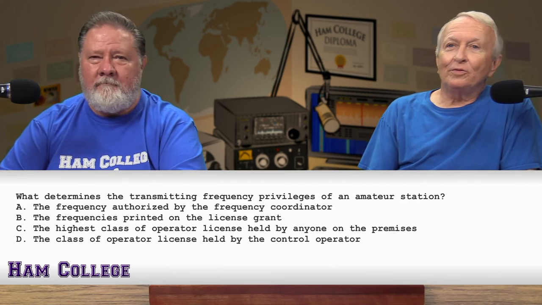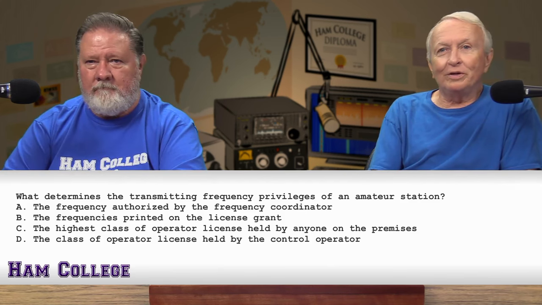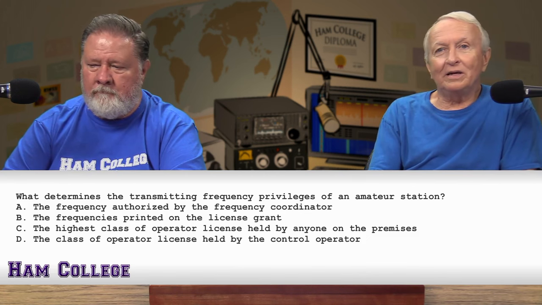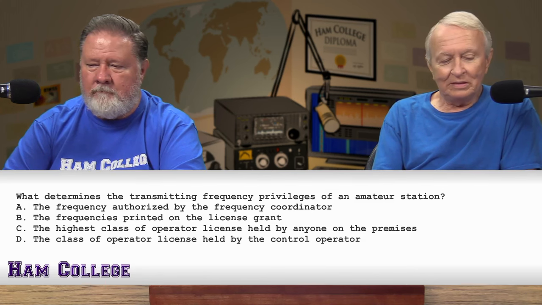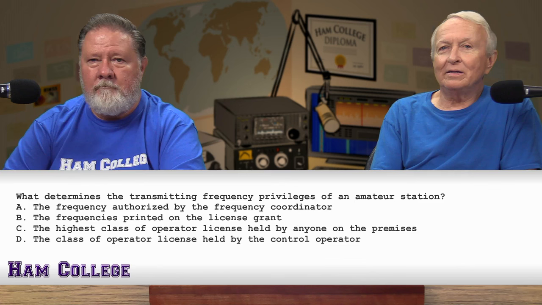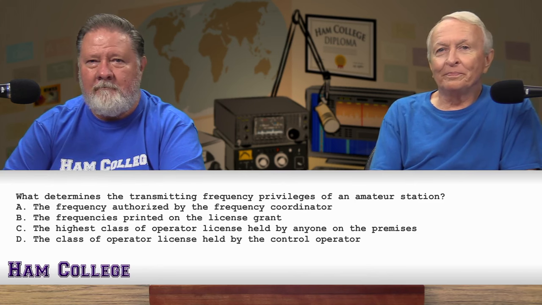The frequency authorized by the frequency coordinator. No. B, the frequency printed on the license grant. No, there is no frequency printed on an amateur radio license. So it's not that. C, the highest class of operator license held by anyone on the premises. You would think that might have some merit there. D, the class of operator license held by the control operator.